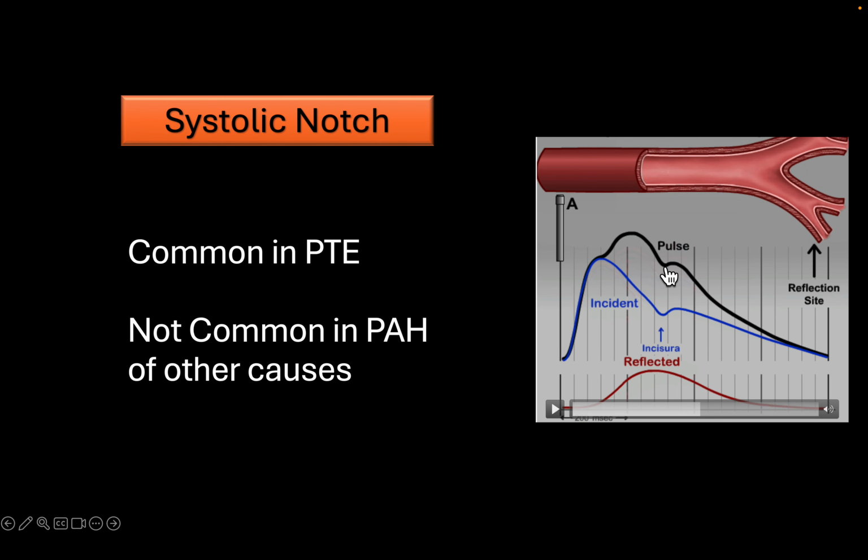That is why, if the notch happens early, the wave is coming earlier, which means there is a proximal artery blockage, indicating a severe blockage. But this phenomenon of notching of the systolic wave is less common in pulmonary artery hypertension of other causes.